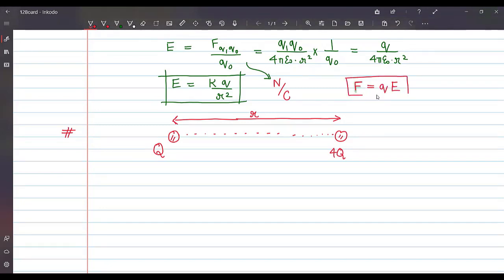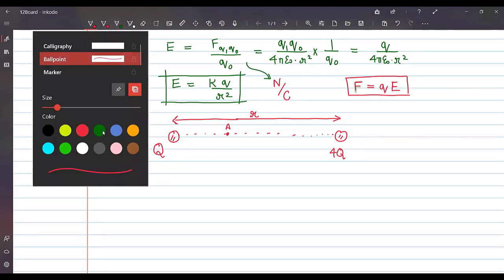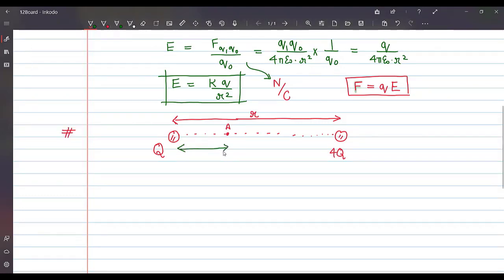If I keep my test charge at this point A, which is x distance away from the first charge, then of course it will be r minus x distance from the second charge. In that case, the electric field at point A should be 0, and we can find the point at which we place the third charge, where the net force is 0 or where it will stay in equilibrium.